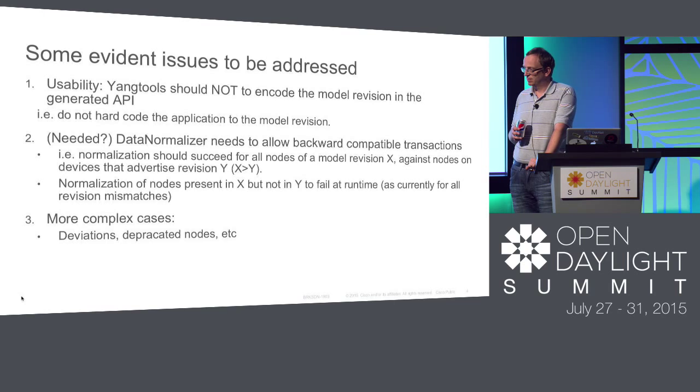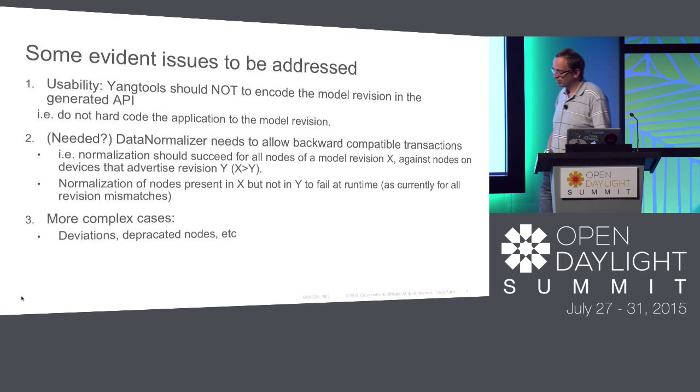If your application is written against the older model, and you are using a device with the newer model, given that RFC 6020 says the newer model is always a superset of the older model, the device understands everything from the older model. Yes. So that's easy. You could configure, read, it works. If you read, you will not see the newer data because you do not understand it.